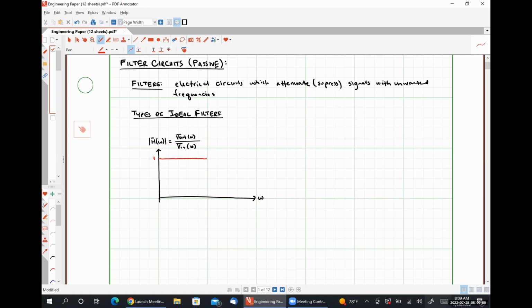So signals get passed completely up to a certain point, after which attenuation occurs. This certain point here, we are going to call omega C, which stands for our corner frequency. And it tells us when our transition occurs.